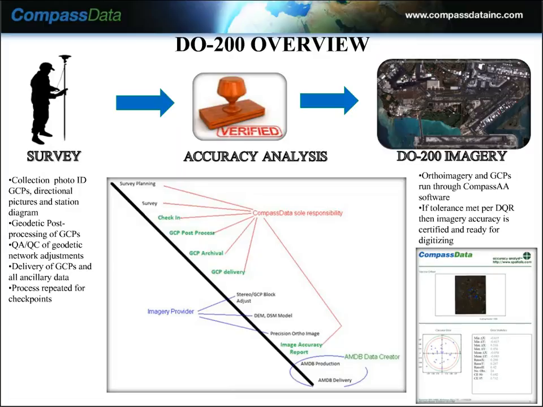And then we take those orthos, whether it be from us or from a different provider, and we run it through our qualified tool, which is Accuracy Analyst, qualified by the FAA to generate reports on the accuracy of that image and stamp it basically, and it's ready to go into the extraction process, which we can do with partners, or if companies out there already have that capability, you can leverage the DO200 imagery that we have in our database, which is accurate to 85 centimeters horizontal.